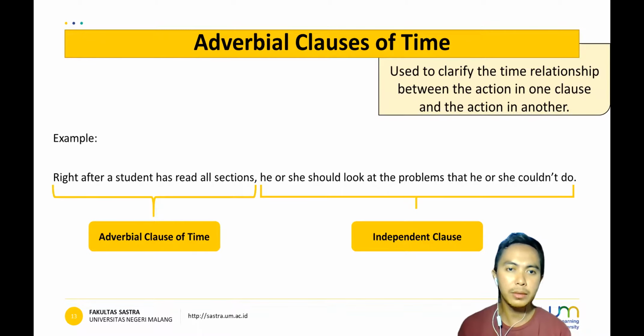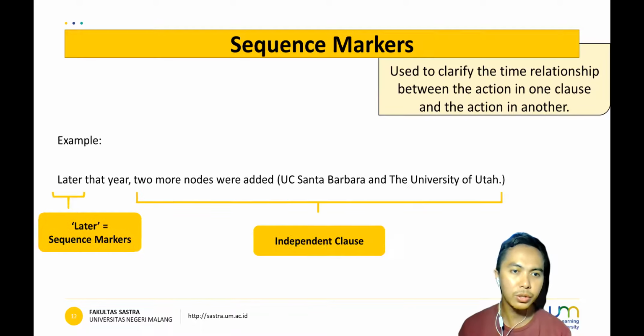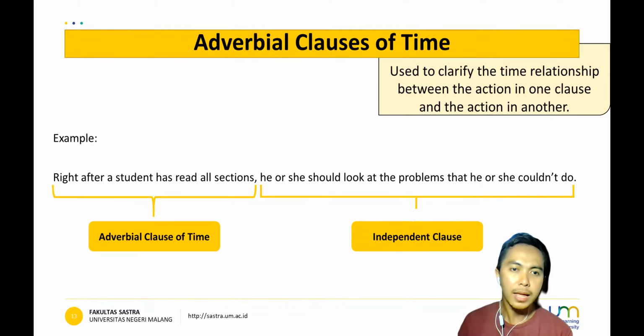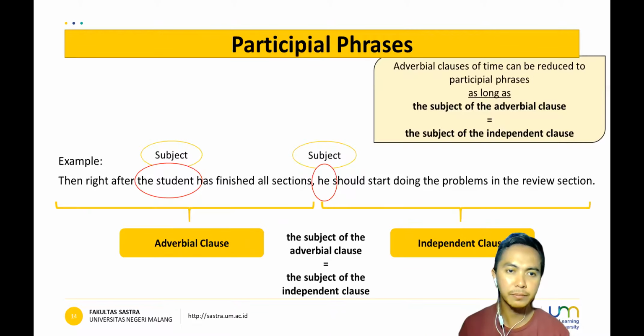So this clause of time is slightly different from the previous one, the sequence marker, in which the sequence marker shows the arrangement, the order, what happened first, next, and so on. While the adverbial clause of time shows the specific time a certain action is taken or performed.